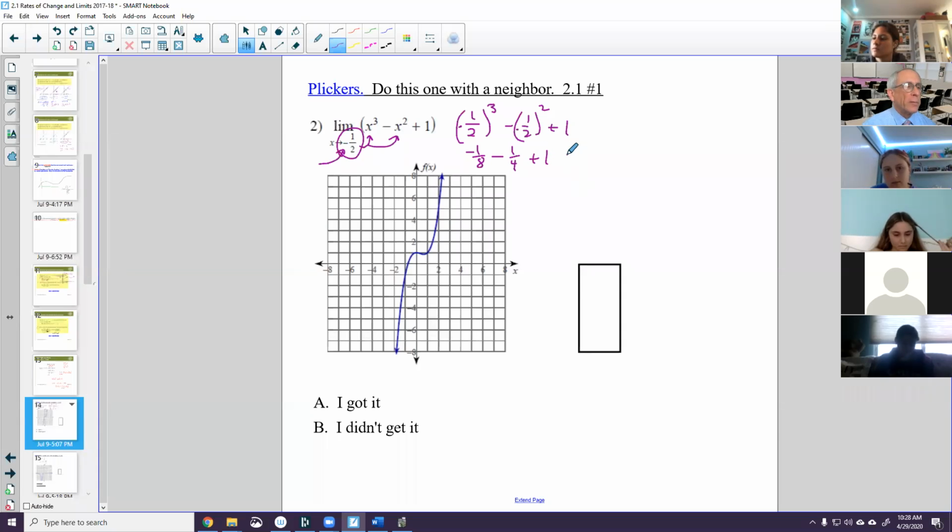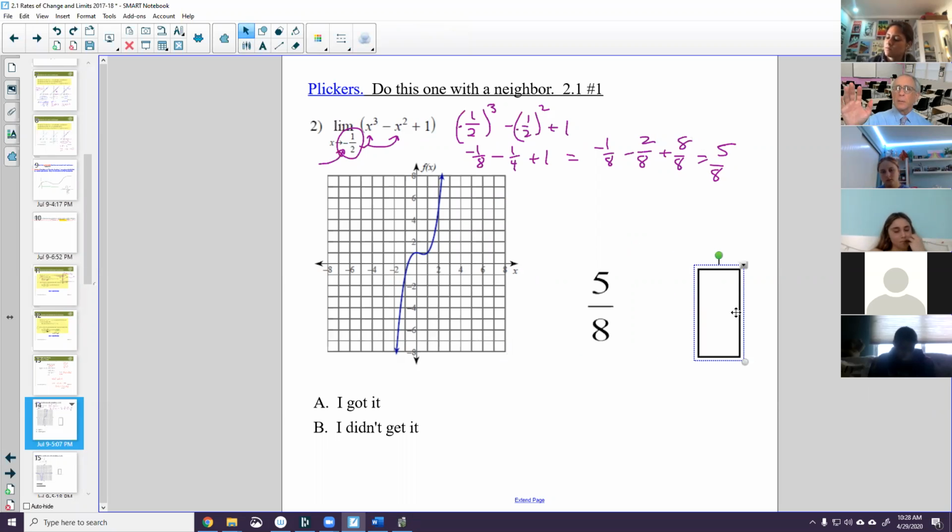So let's get ourselves a common denominator. So I have -1/8 minus 2/8 plus 8/8. So -3. That looks to me like it should be 5/8. And let's see if we are right. 5/8.